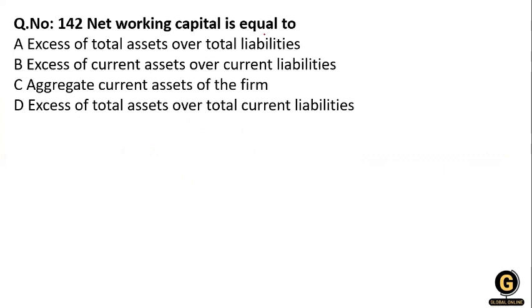The net working capital is equal to: first, excess of total assets over total liabilities; excess of current assets over current liabilities; excess of aggregate assets over the firm's; and excess of total assets over total current liabilities. So option number B. Here you have to understand what working capital is.